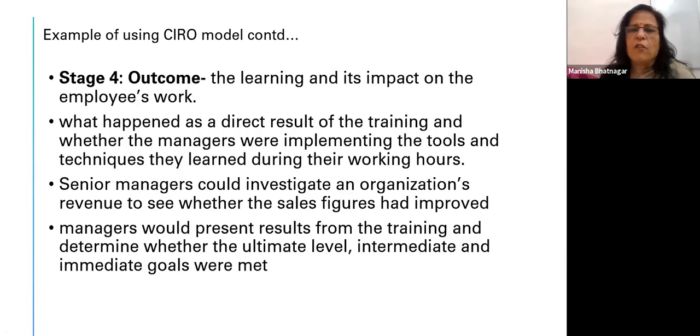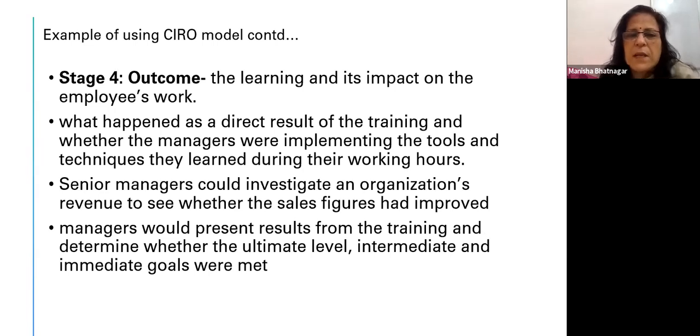And stage 4 for this particular organization would be outcome: the learning and its impact on the employees' work, how the people learned what they learned, how the workforce has changed their behavior, and whether sales are coming or not.